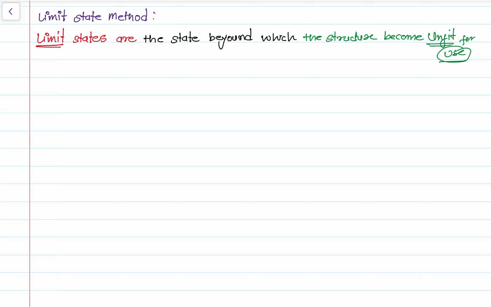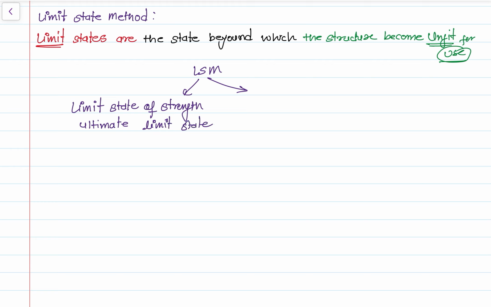I'll just mention it as LSM. Here we have the limit state of strength, also called the ultimate limit state, and the other one is the limit state of serviceability.